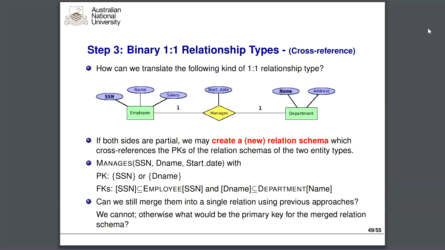So one SSN manages the department, and there is the starting date. Because this is partial and not total, this is the cross-reference approach.